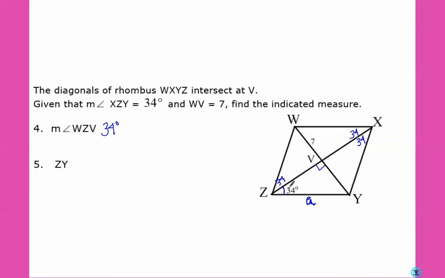And we know an angle. We know that if this half of the diagonal is 7, this half of the diagonal is 7. Well, we have a right triangle. We got a side and an angle, and we're trying to find another side. That sounds like a job for SOHCAHTOA.